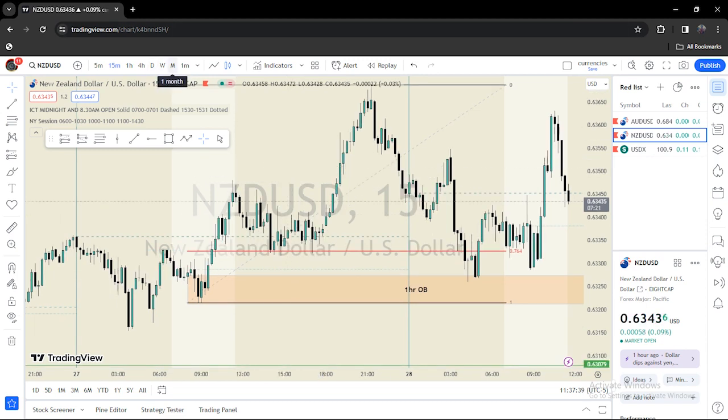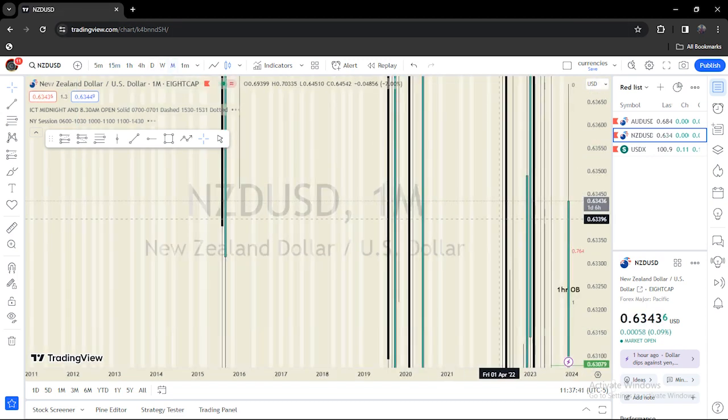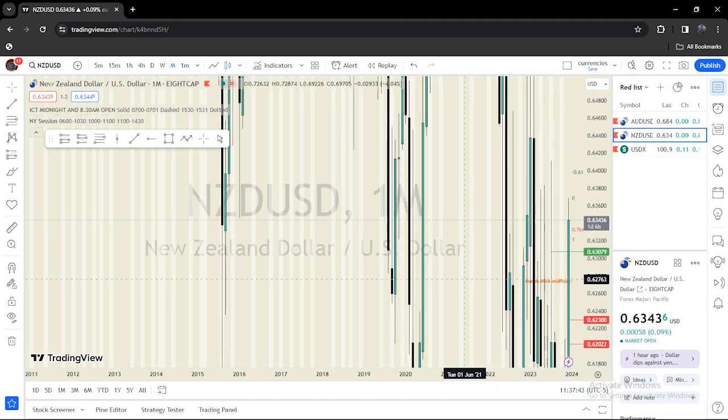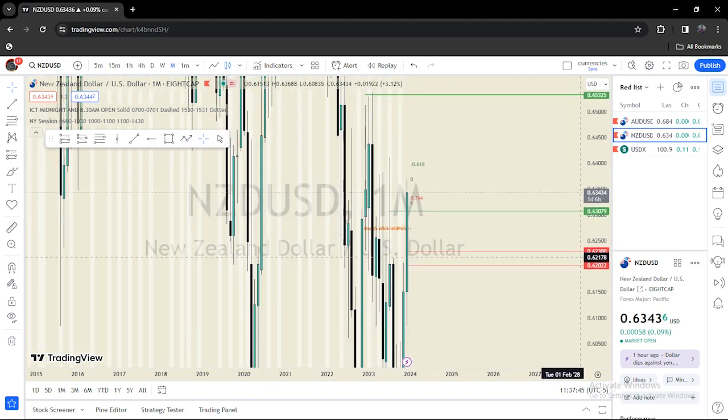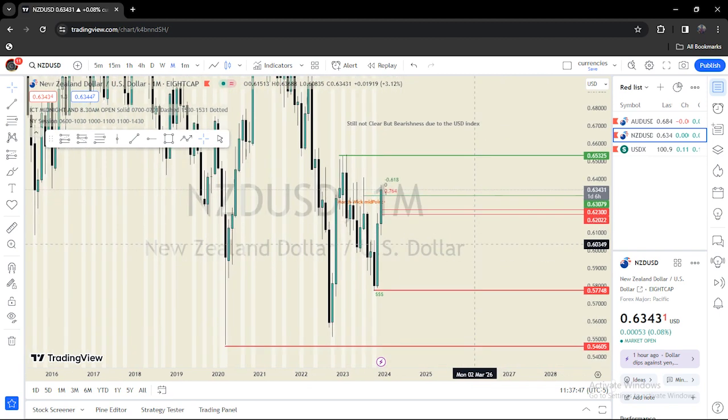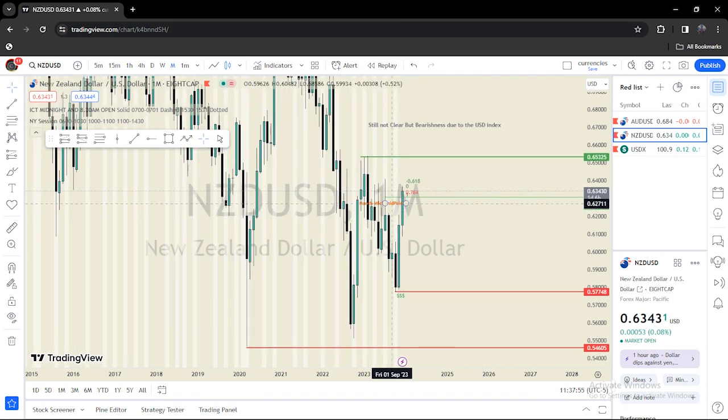As I said, I would go to the monthly time frame. I'm just going to delete, and I'm going to be super fast. Let me delete this, let me delete that. Okay, so this is my previous data that I was using when I was analyzing.